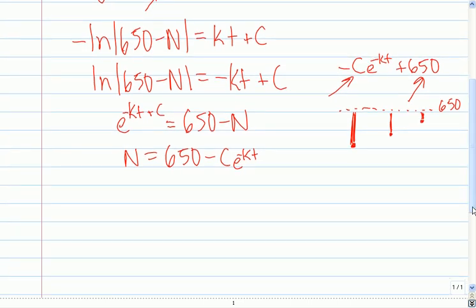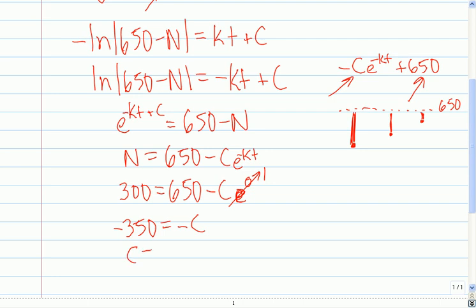So we can figure that out by putting in the points. The first point is there's 300 coyotes when we start. Oops, sorry, C to. So that means there would be, let's see here, negative 350 is equal to negative C. So C equals 350. So 350 is the number of coyotes.